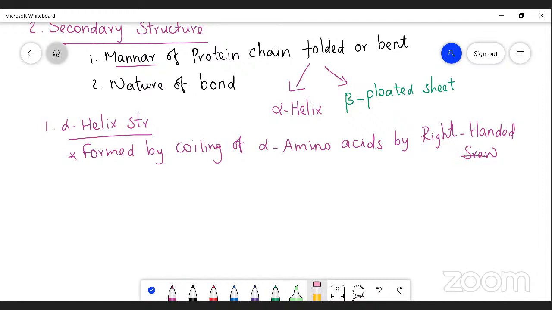So we are taking it like a right-handed screw. Listen, here it is right-handed.